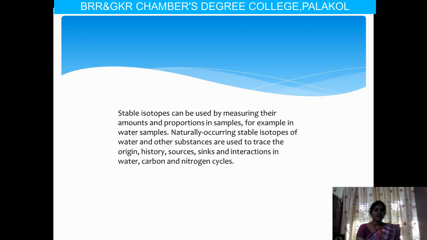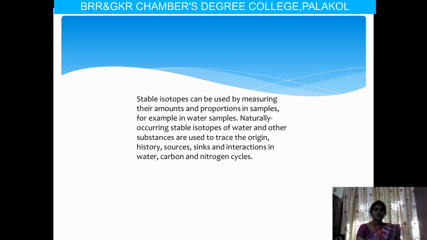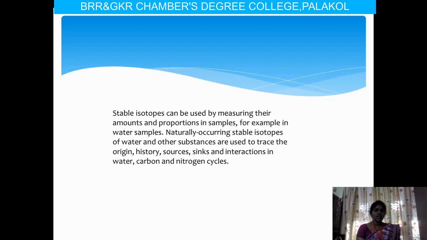Naturally occurring stable isotopes of water and other substances are used to trace the origin, history, and source, and the interactions of water and also carbon and nitrogen cycles can be assessed using these stable isotopes. They are also used to know the carbon stabilities of organisms.